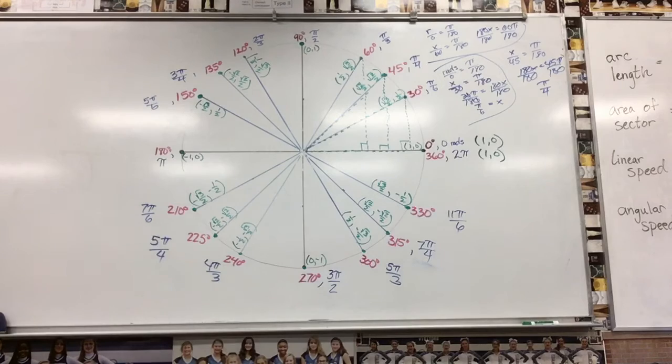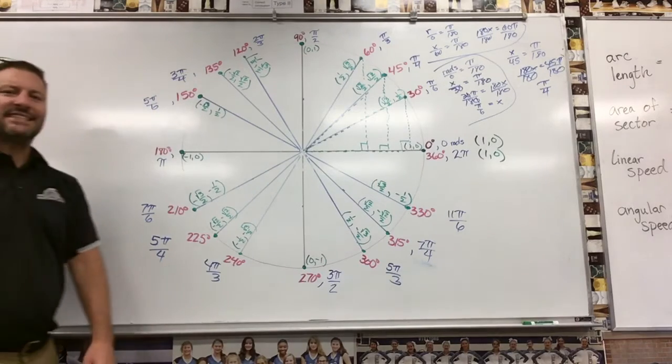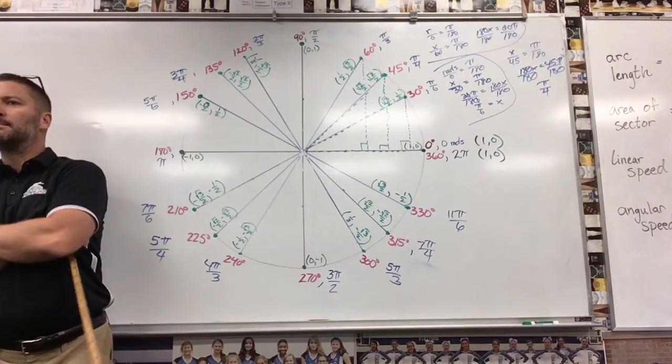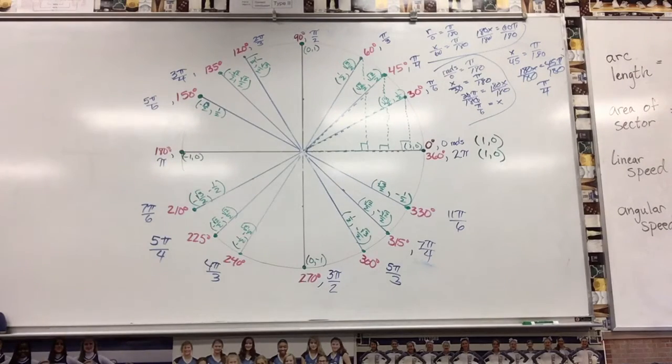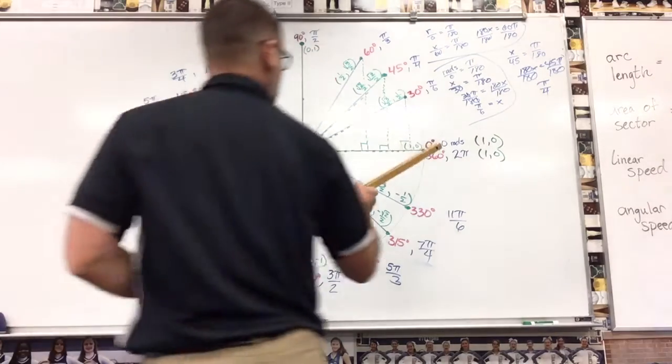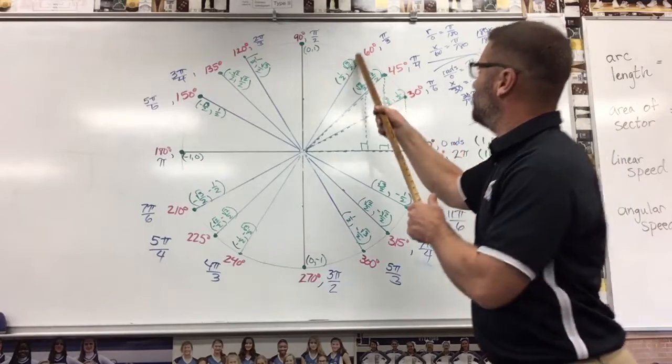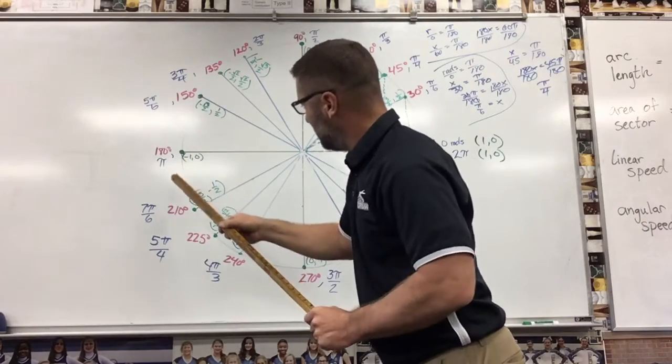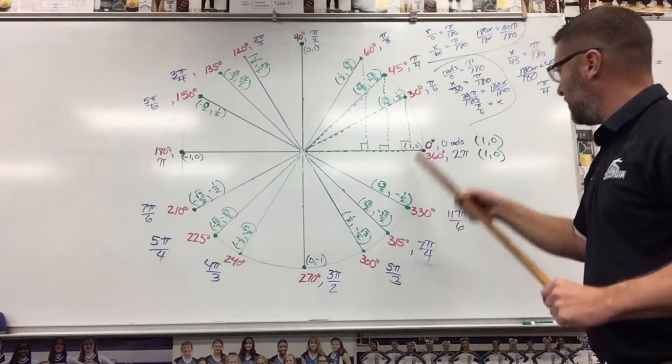19 pi over 6, I want the ordered pair. 12 pi over 6, 13, 14, 15, 16, 17, 18, 19. 1 pi over 6, 2 pi over 6, 3, 4, 5, 6, 7, 8, 9, 10, 11, 12 pi over 6.